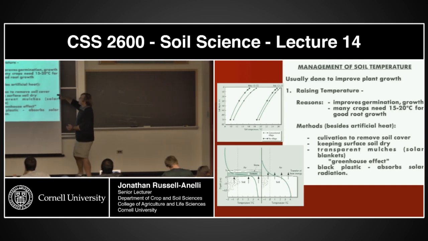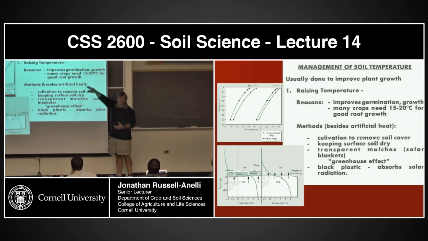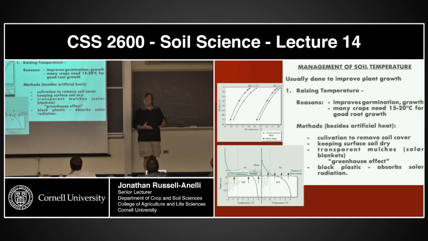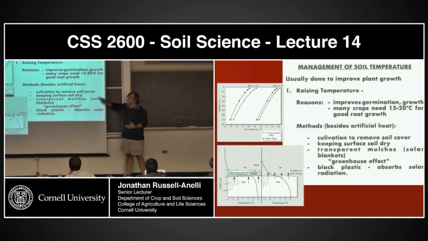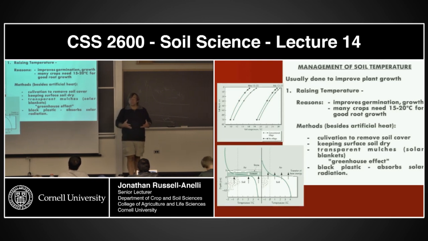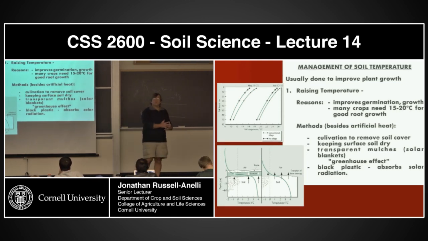Okay, so what kind of methods do we have actually to heat up the soil? Well, we can change the specific heat, or we can change the amount of energy that hits the system. The first one is let's change the amount of energy that hits the system. Let's remove all the cover so we have the maximum amount of sunlight hitting the soil. Does that make sense?